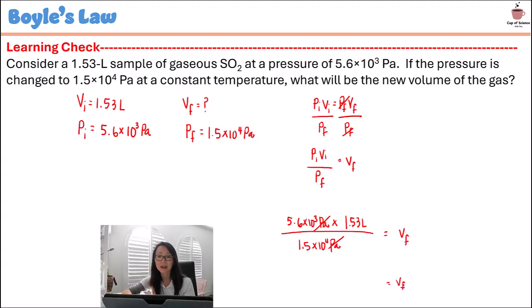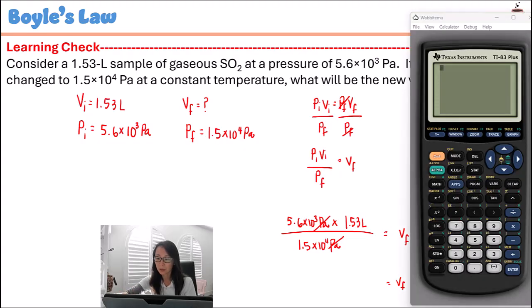Let's calculate this out in the calculator. So I'm going to introduce a parentheses, 5.6 times 10 to the third. Why? Because I like to keep these big, large scientific notation within one set. And that's multiplied by 1.53.